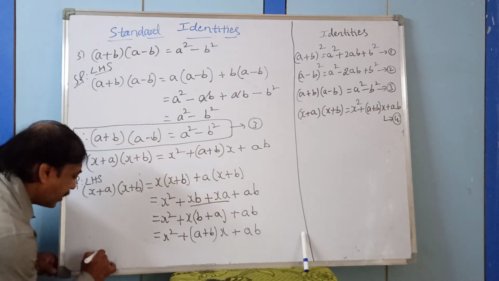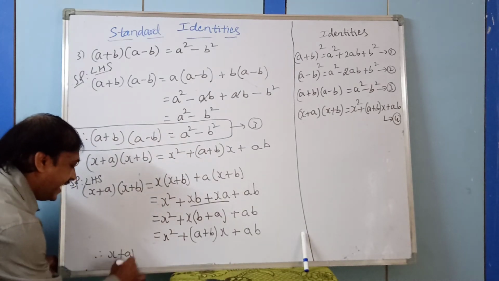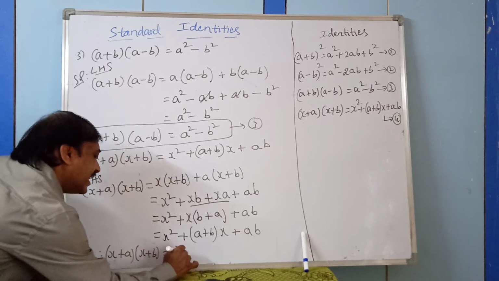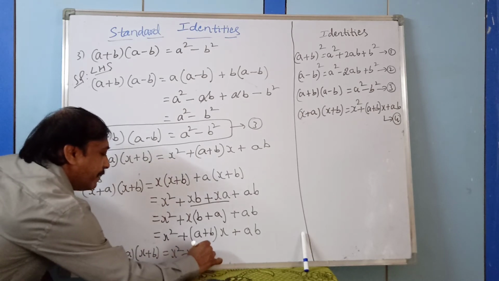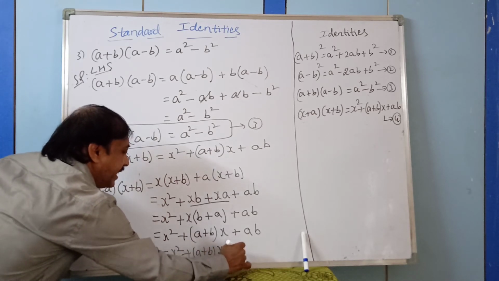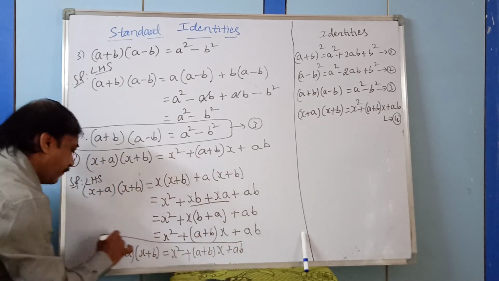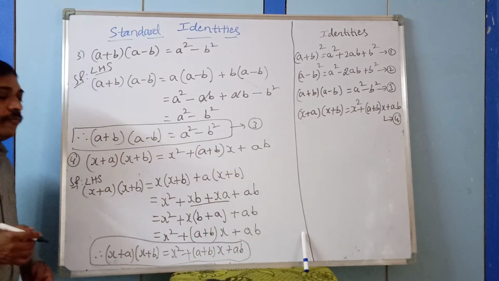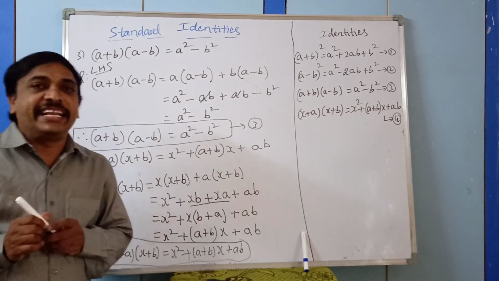So therefore (x + a) into (x + b) is equal to x square plus (a + b) into x plus ab. This is the fourth identity.